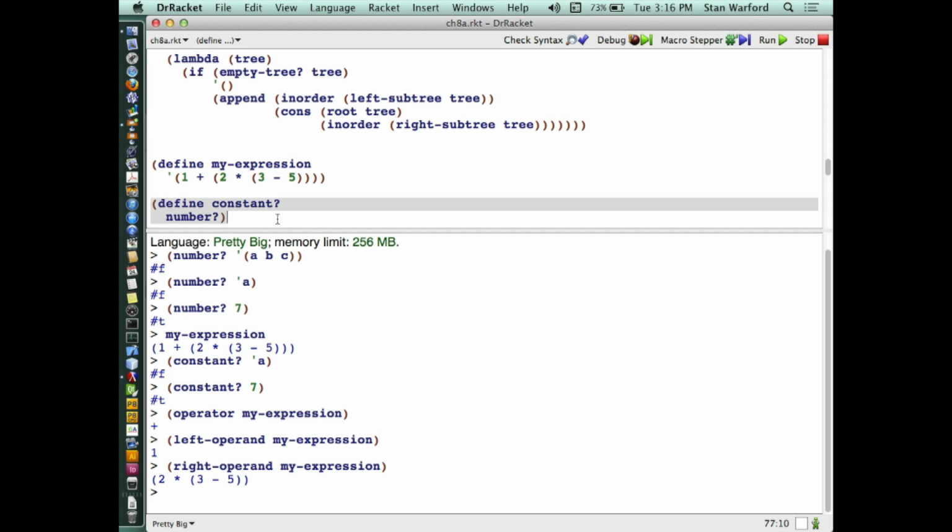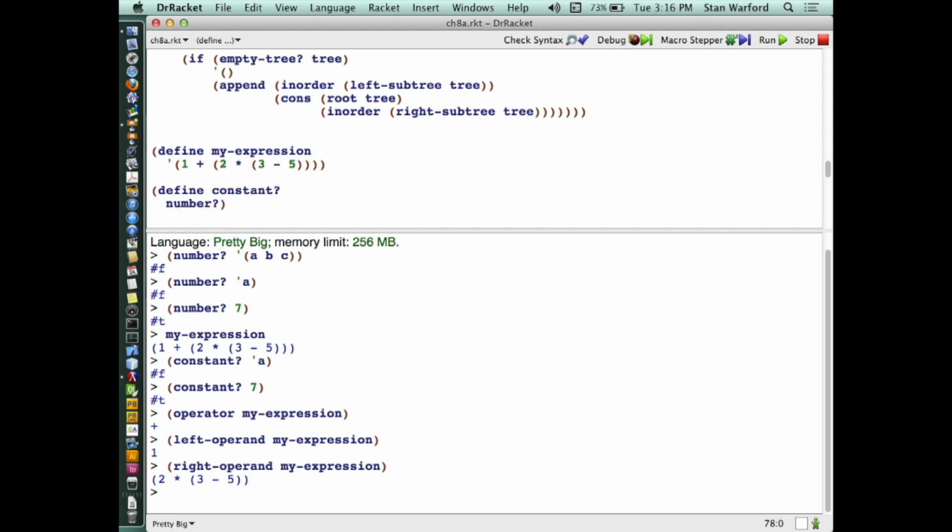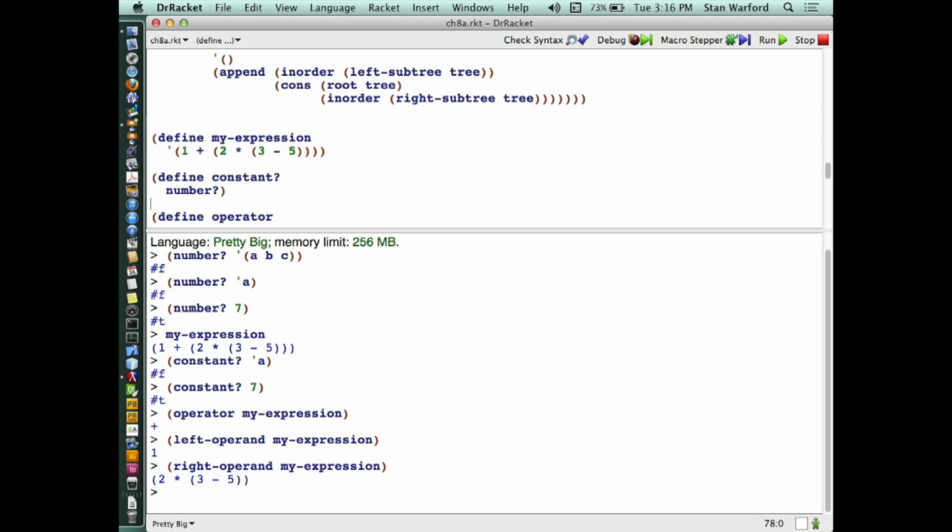Can you tell me then what is the definition of operator? What's the operator? We don't have a root here. We just have left operand, right operand and operator.